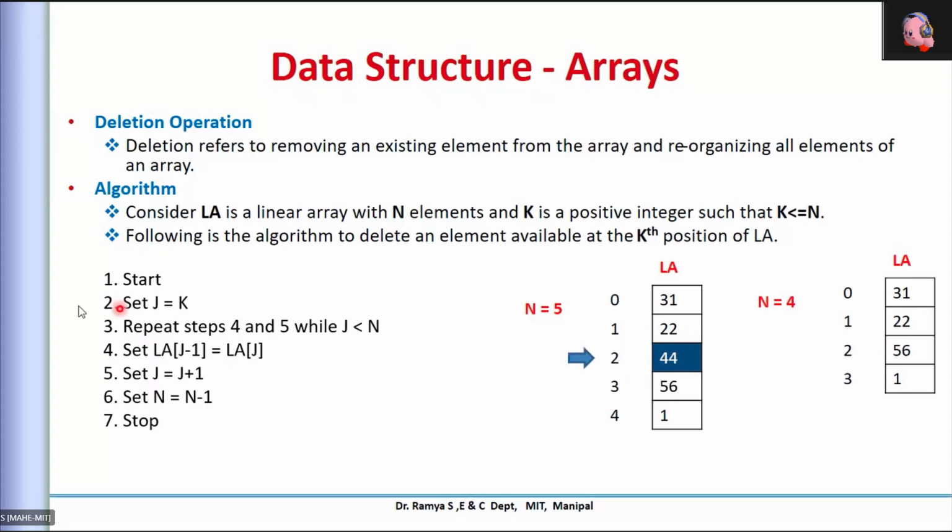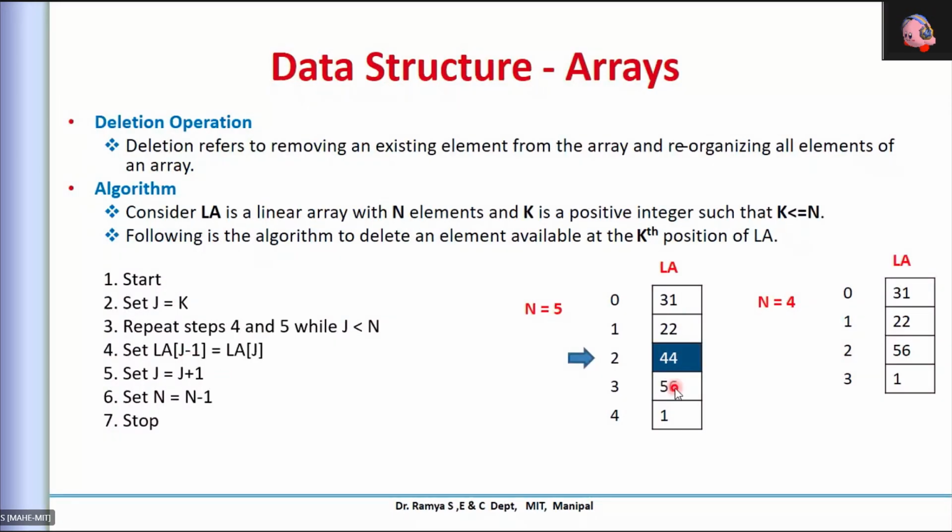Why? Because I don't require to store this element 444, whatever the value. You go up to the length of this array, just repeating that. Whatever was there at the jth position, you shift it to j minus 1.